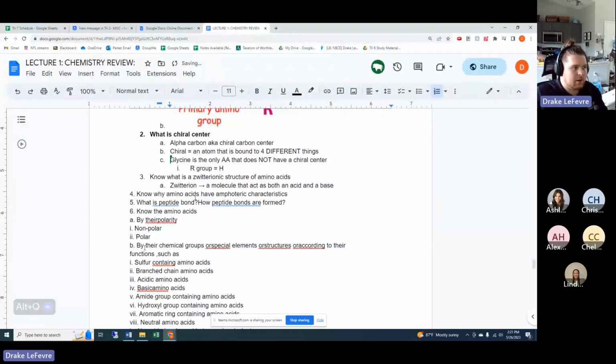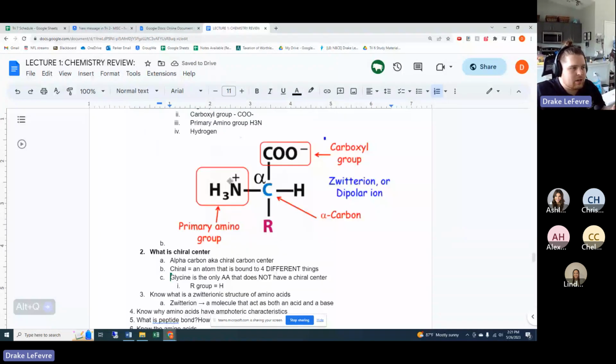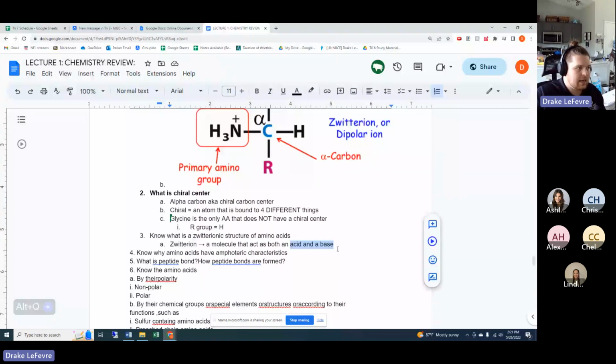So just like our amino acids, you can kind of look at it like it has hydrogens to donate and hydrogens that it can accept. So kind of like that positive and that negative charge. But focus on its acid and a base. It acts as both of them. Awesome.